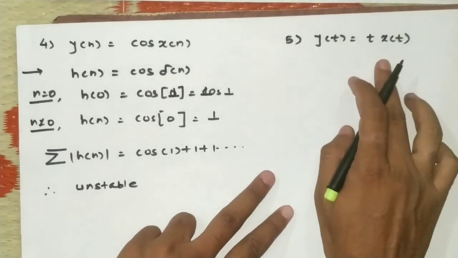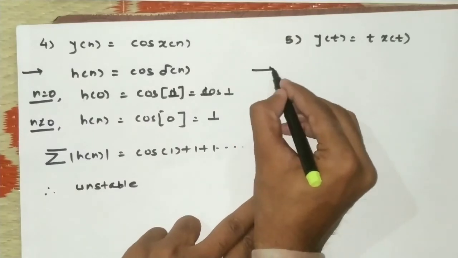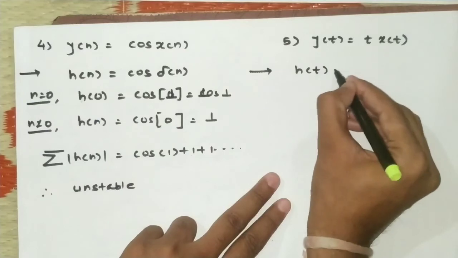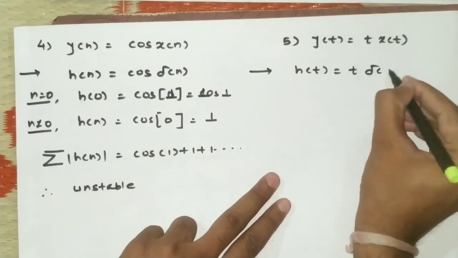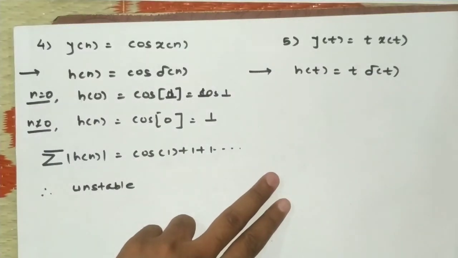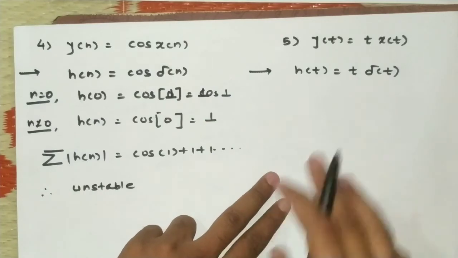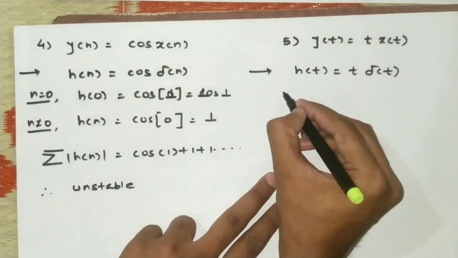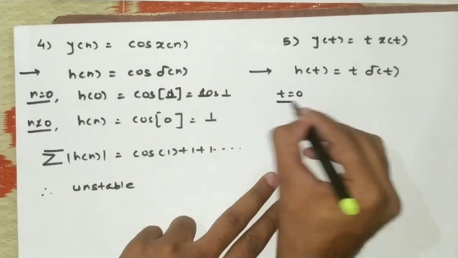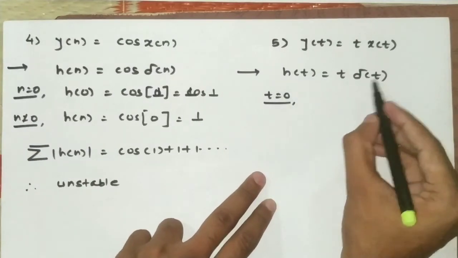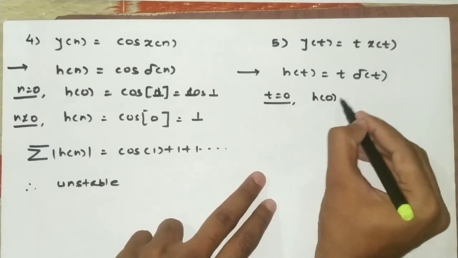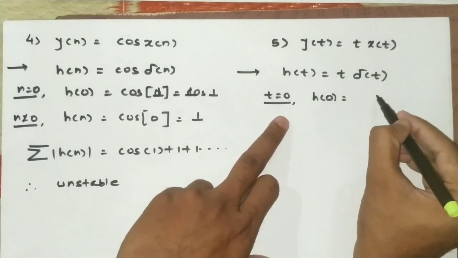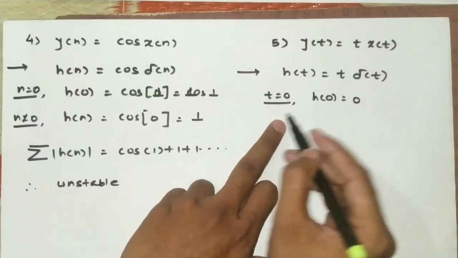Let us come across this example. Here again they haven't given h(t) directly, so I can write h(t) is equal to t into δ(t). Now if you want to integrate this term, we have to perform the integration. If I consider the first value, we can assume the answer directly. If I put t equal to 0, we'll get h(0), which is going to be 0 into δ(0). δ(0) is going to be 1, that means we'll get the answer as 0.